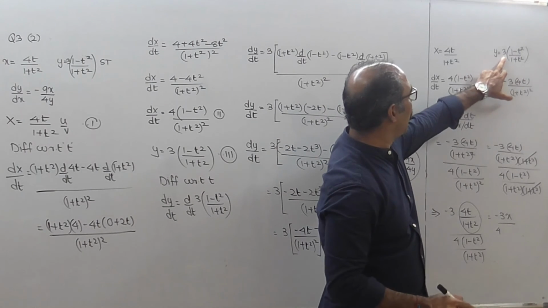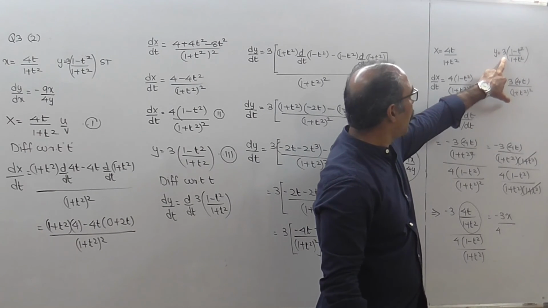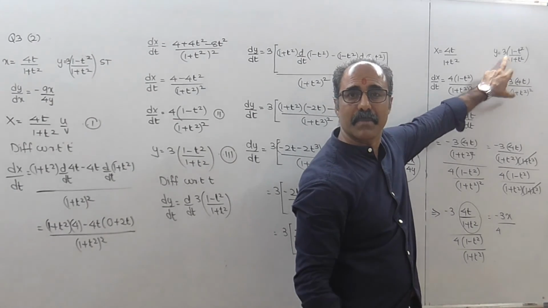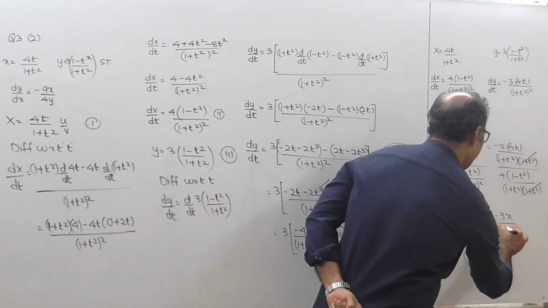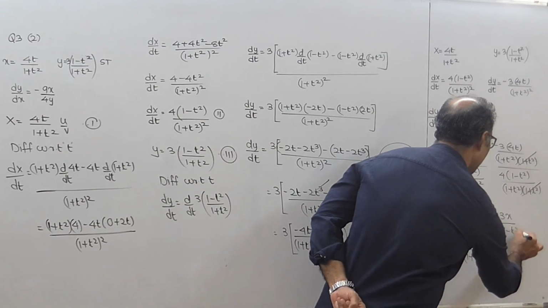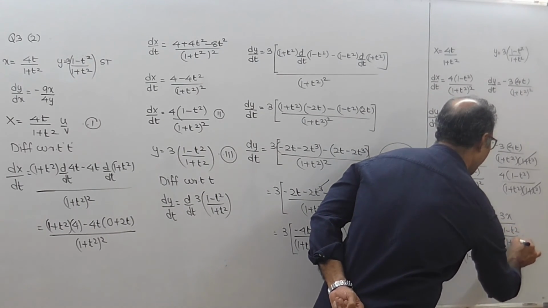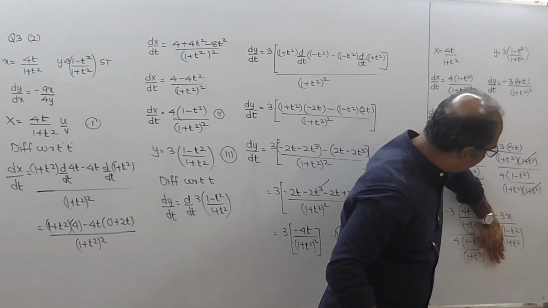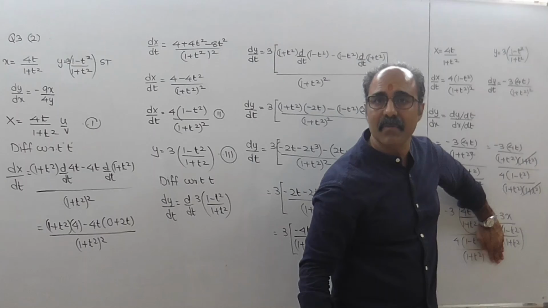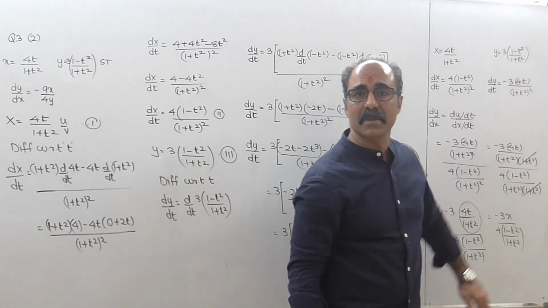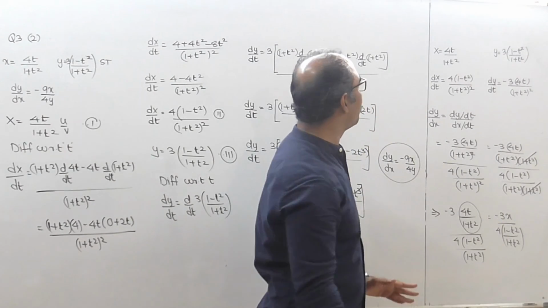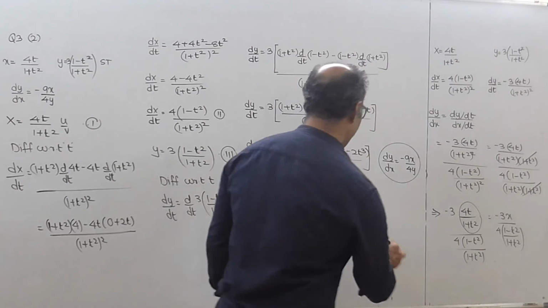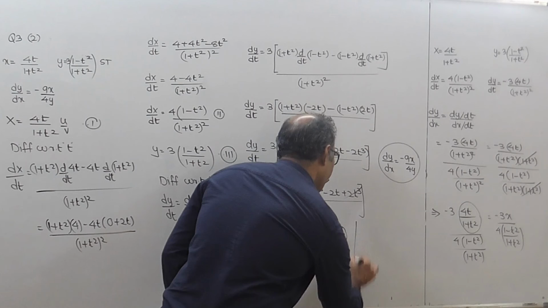But if you check the value of y, you have 3 inside the bracket, 1 minus t square upon 1 plus t square. If you exclude this 4, we get 1 minus t square upon 1 plus t square, which is not y. Y is basically 3 into 1 minus t square upon 1 plus t square. I will solve it here.